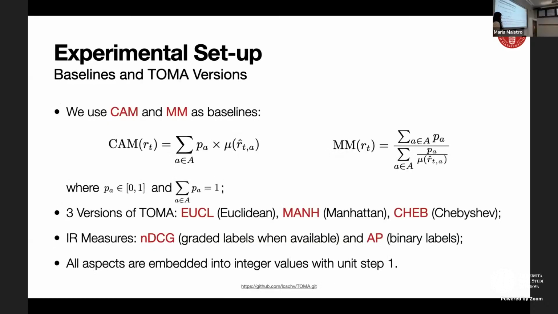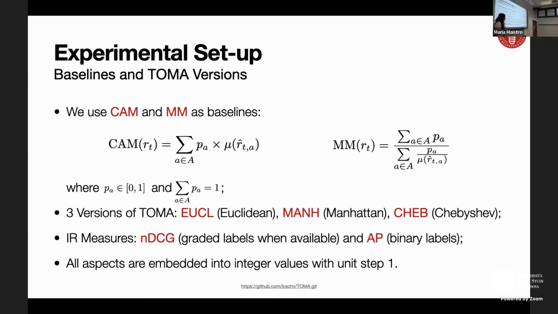And as baselines, we considered two ways to aggregate the scores: the average and the harmonic average. We didn't consider other measures because, as I showed at the beginning, they depend on the type of aspects that you have, so we do not compute them.